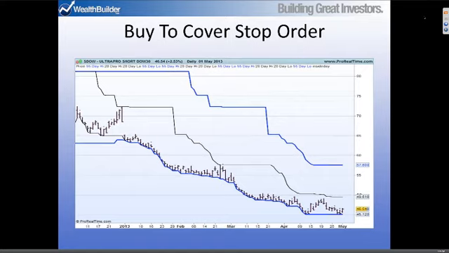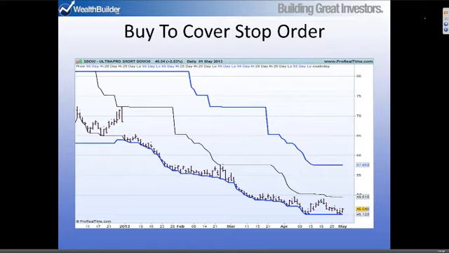In this case, let's say we're in this trade short, and we put our protective stop at 49.61. So if SDOW trades up to 49.61, your order becomes a market order to buy to cover, and then you would be out at the next available price. That's the worst case scenario.